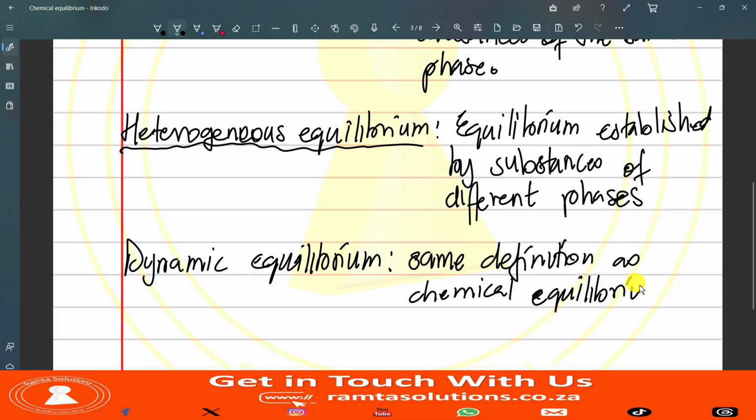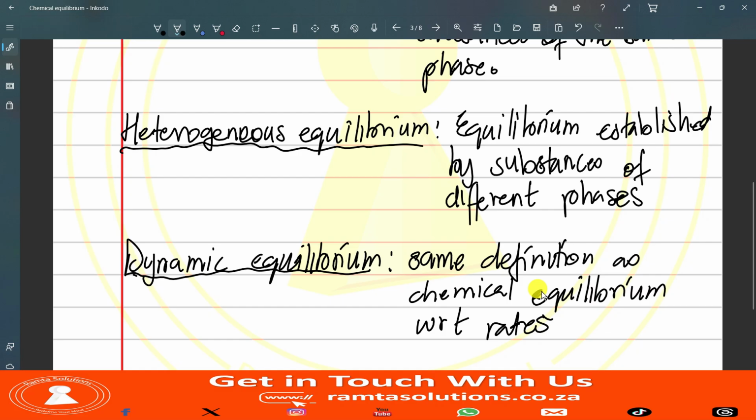This has the same definition as chemical equilibrium. You remember we defined chemical equilibrium as the stage reached by a reversible reaction in a closed container where the rate of the forward reaction equals the rate of the reverse reaction. So we will give it the same definition as chemical equilibrium, and I'm going to say with regard to rate.